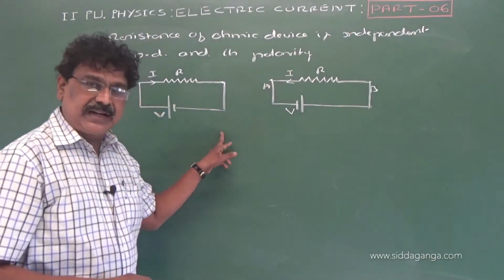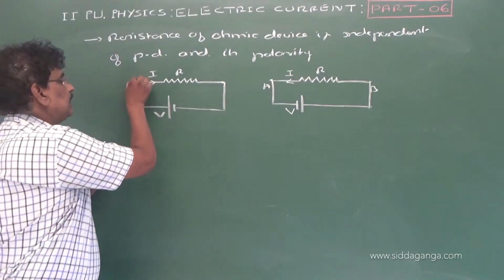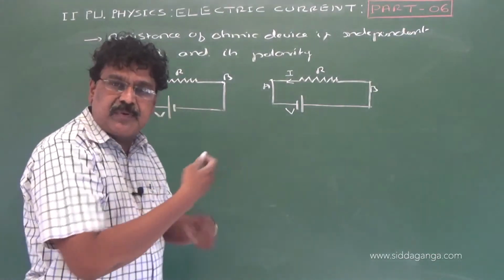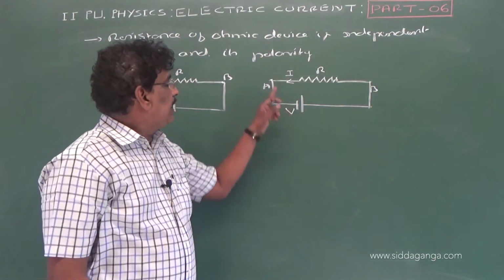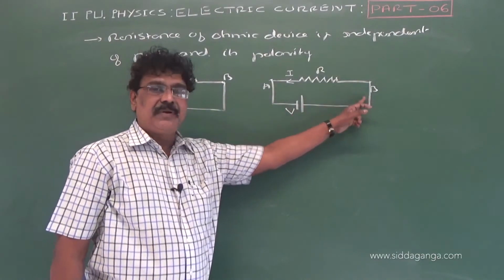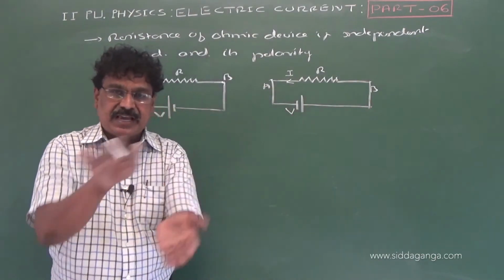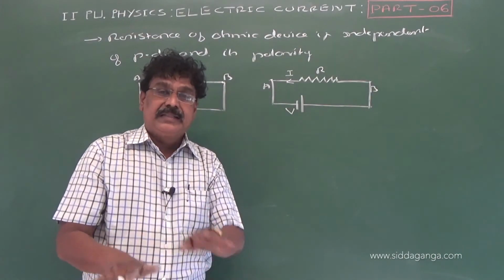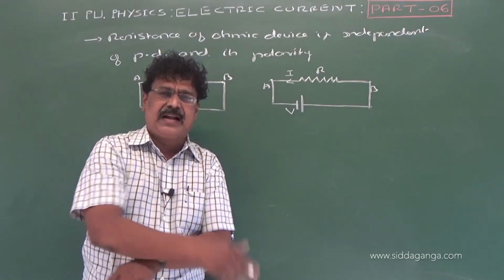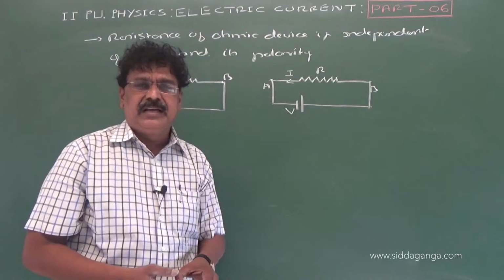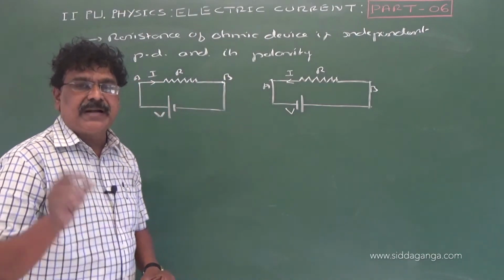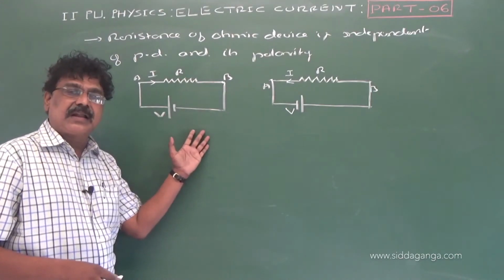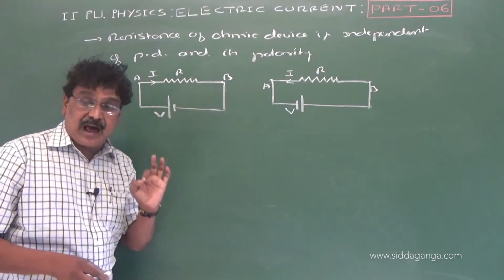Changing polarity means that A was connected to the positive terminal and B to the negative terminal, and now A is connected to the negative terminal and B to the positive terminal. When we change the polarity, there is no change in the magnitude of current, only in its direction, and resistance is independent of the direction of current. It depends only on 4 factors. Therefore, ohmic devices obey Ohm's law.